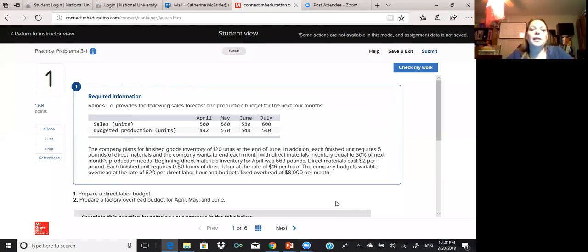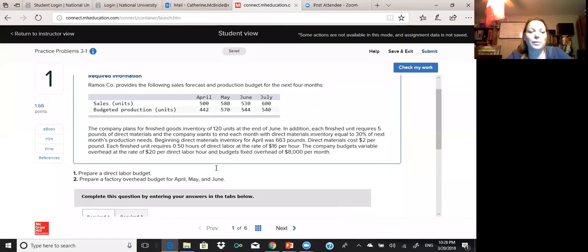The company plans for finished goods inventory of 120,000 units at the end of June. In addition, each finished unit requires 5 pounds of direct materials, and the company wants to end each month with direct materials inventory equal to 30%. Okay, this is a lot.